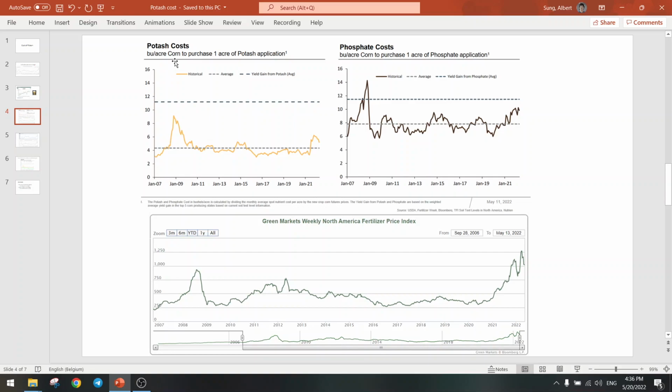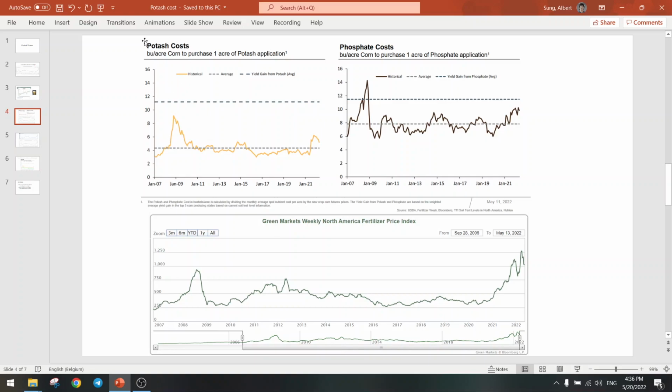And this is for corn. The same here for phosphates. You also get a certain amount of yield gain from using phosphates. Okay, so that's the extra revenue that a farmer can get, this 11 bushels.